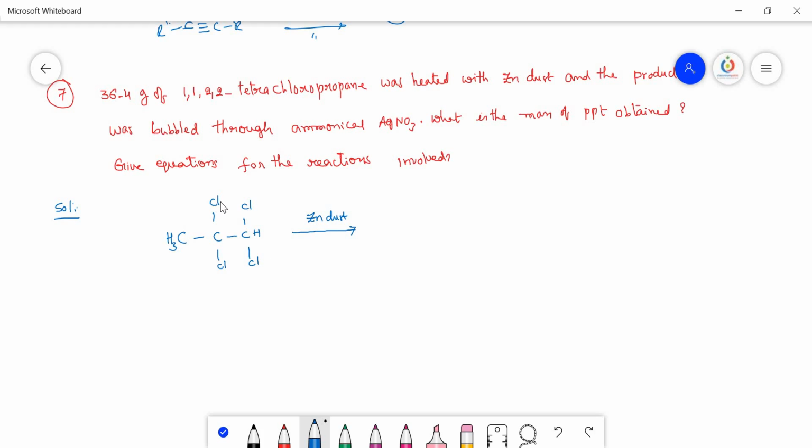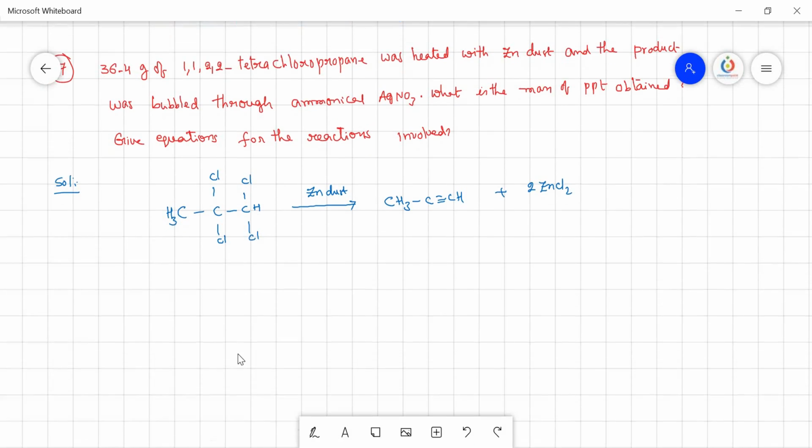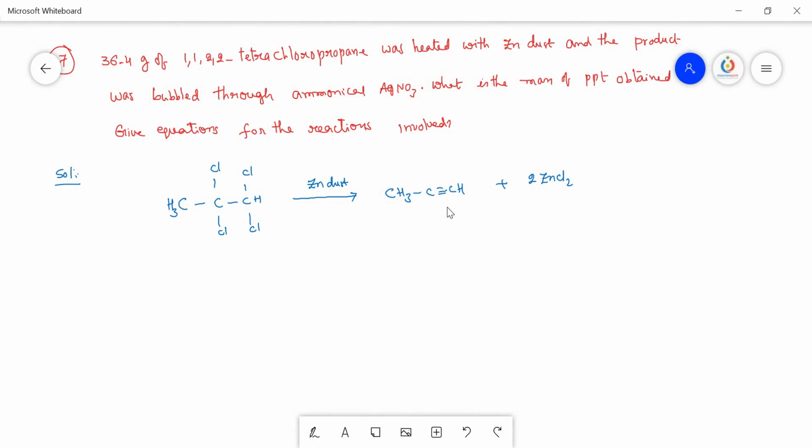What is the purpose of the zinc? It is a dehalogenating agent, it removes only halogens. So it removes these 2 chlorines, and here also 2 chlorines, so that after the removal, bonds will be developed between these 2 carbon atoms. So we get CH3 C triple bond CH plus 2ZnCl2. What they are saying is, whatever product is obtained in the first reaction was bubbled through ammoniacal silver nitrate.